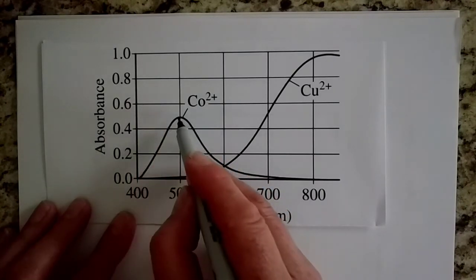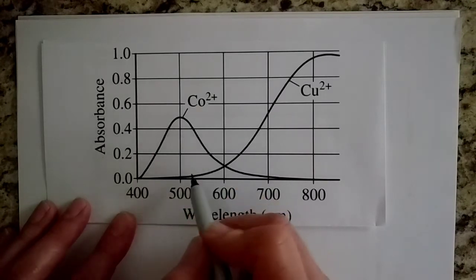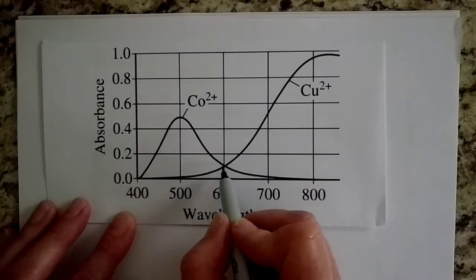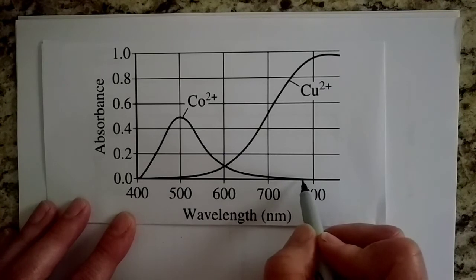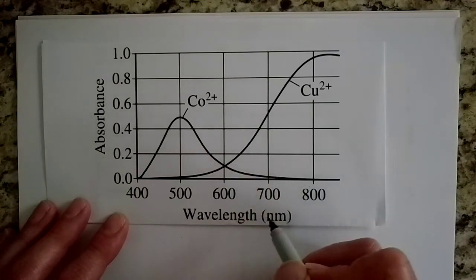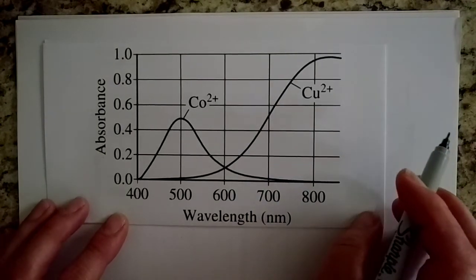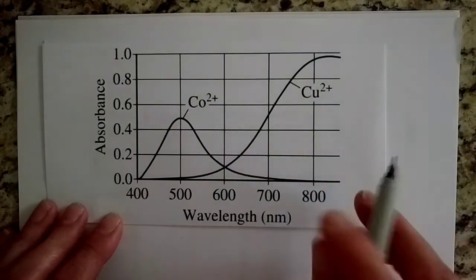So that would be 0.5. As we continue to change the wavelength, now the absorbance goes down. At 600 nanometers, our cobalt is still absorbing, a little bit at 700, and by about 770, 780, the cobalt doesn't absorb at all. All of the light at this wavelength goes right through the sample, and nothing gets absorbed. All the light gets transmitted.